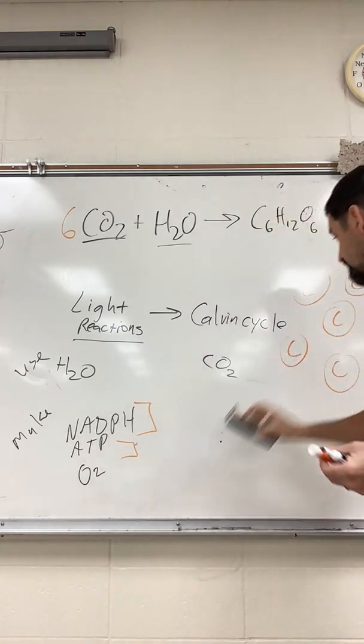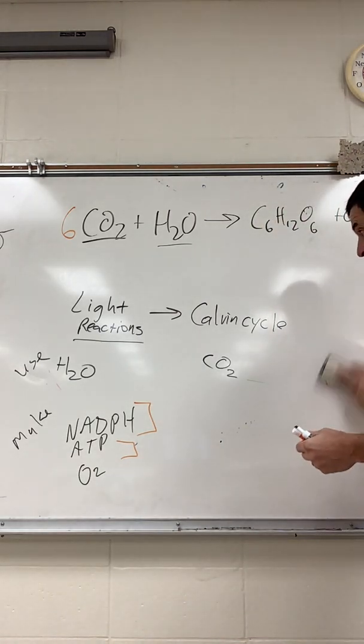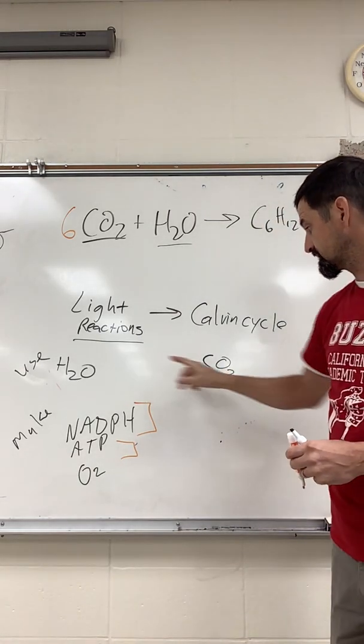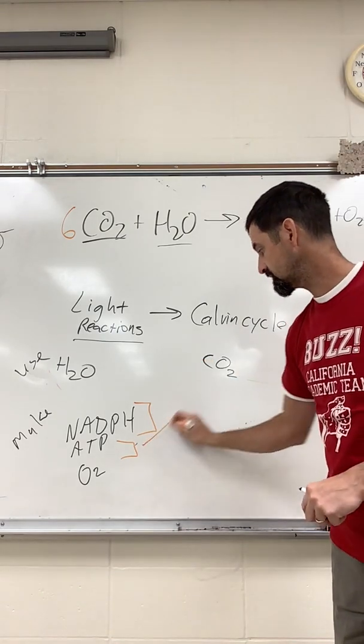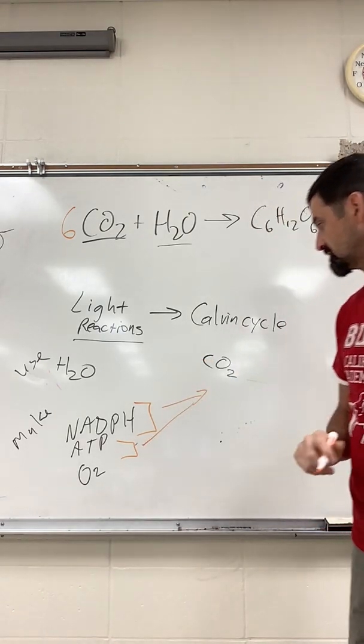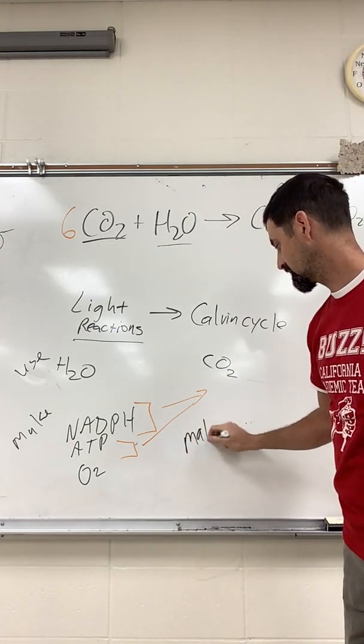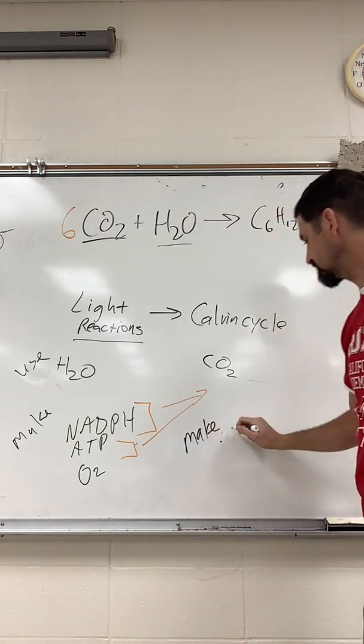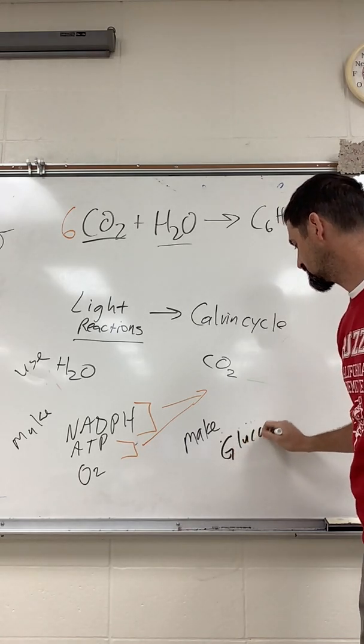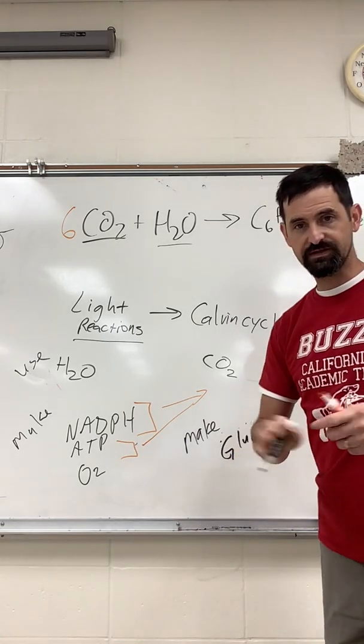So that's what we want to ultimately do. We're going to use carbon dioxide, we're going to use these energy-containing molecules, and we're going to make, ultimately, some glucose. Okay, so that's the overview.